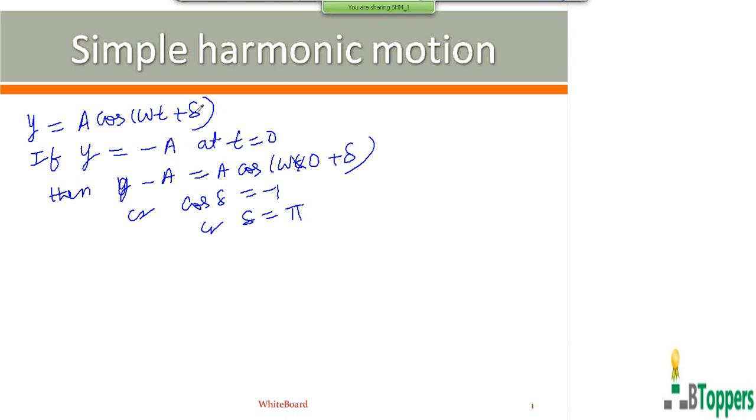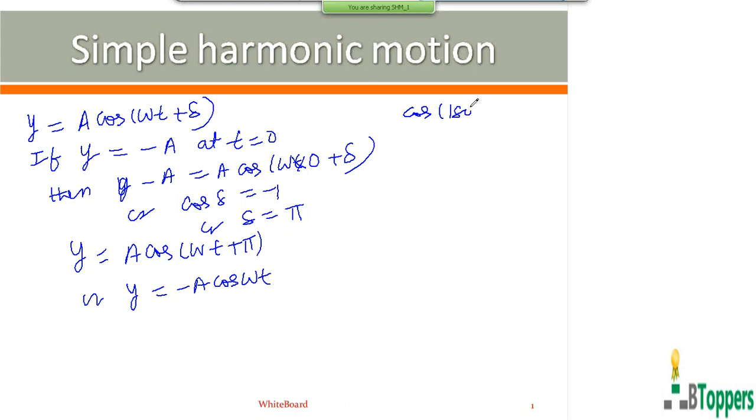If you substitute this value of delta in this equation, then y equal to a cos omega t plus pi. This will be written as minus a cos omega t, since cos 180 degrees plus theta is equal to minus cos theta, or cos pi radian plus theta equal to minus cos theta.